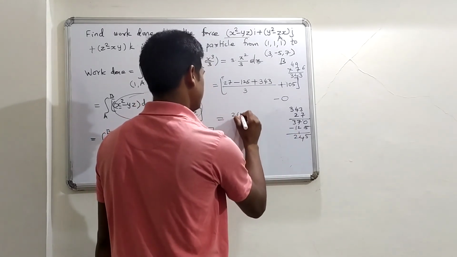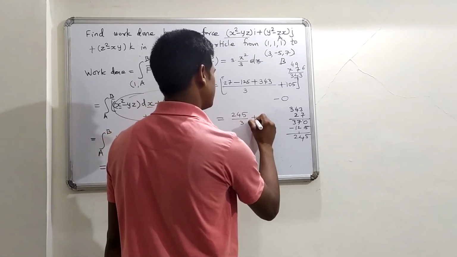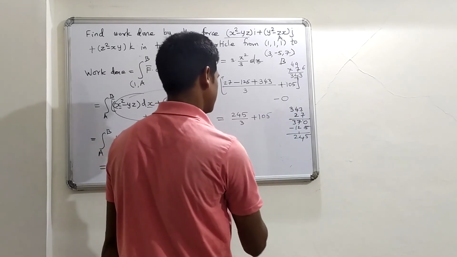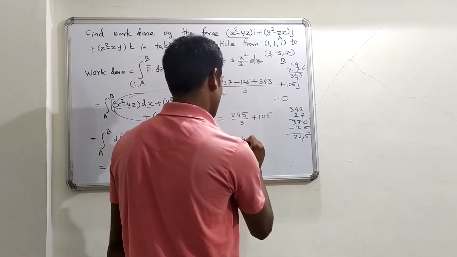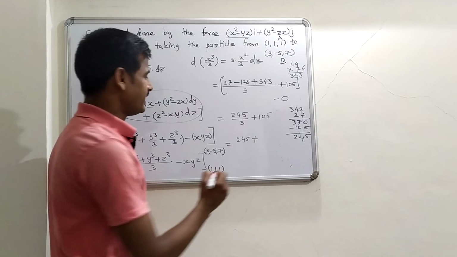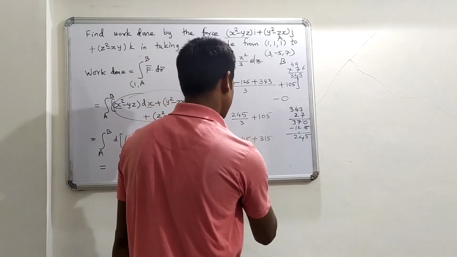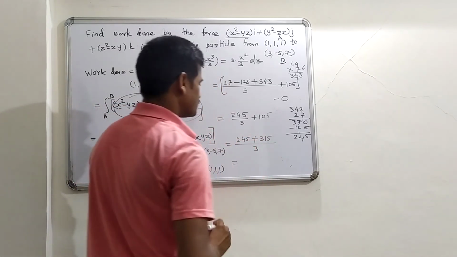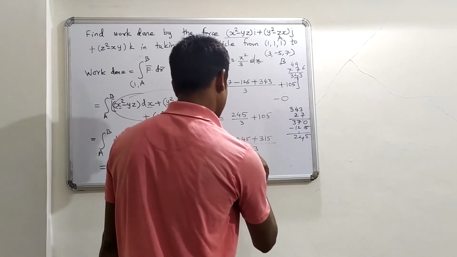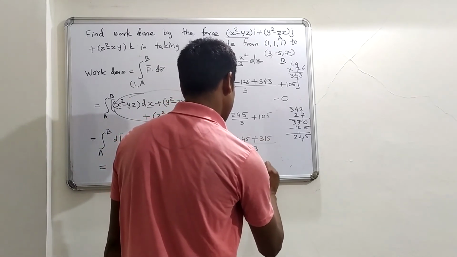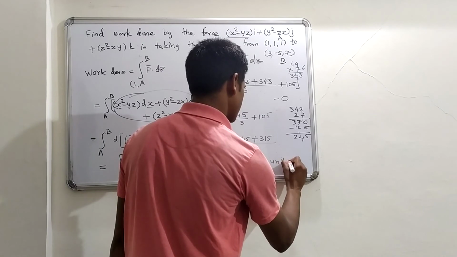So 245 divided by 3 plus 105 is equal to, now verify this, (245 + 315)/3. So what is this? It is 560 divided by 3 units.